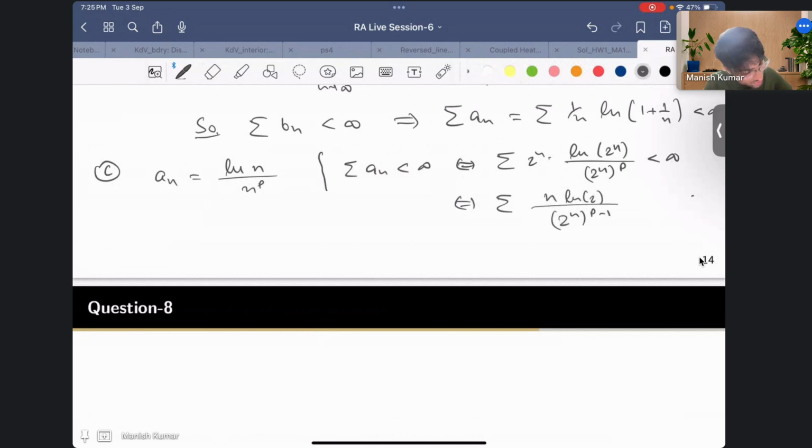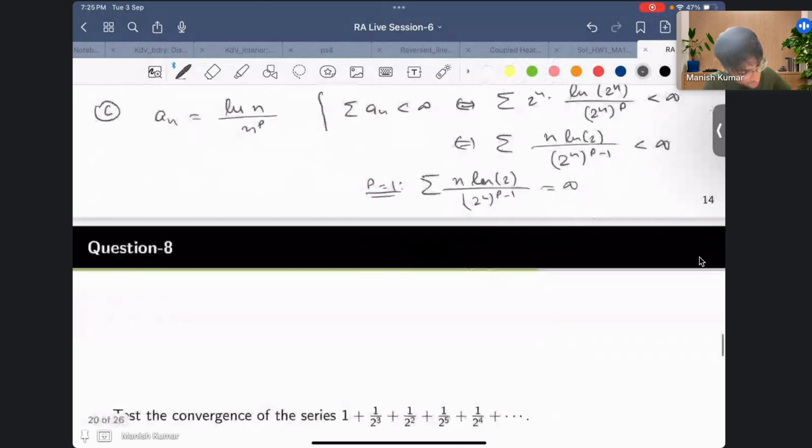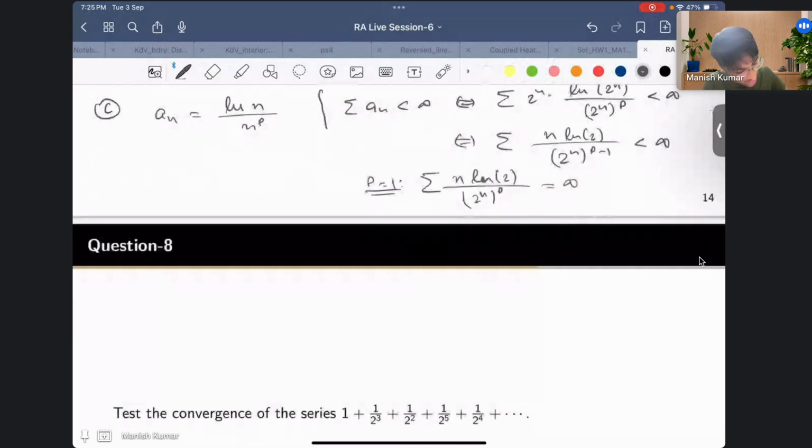Okay, so for p equal to 1 it is clear that, so let me write, p equals 1, this summation n ln 2 upon 2^n (p minus 1) is going to infinity, right? Because this denominator will not be there, and then you get the divergence.